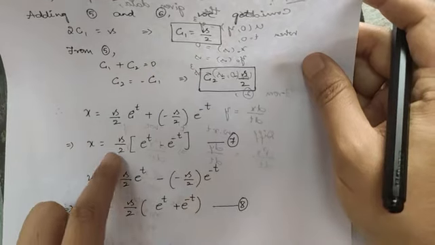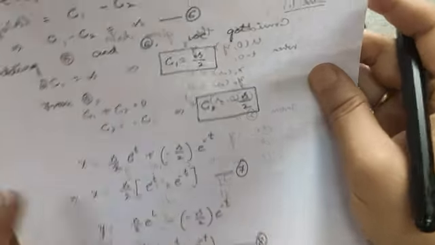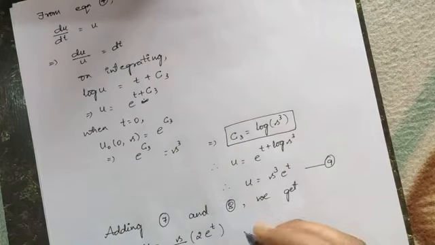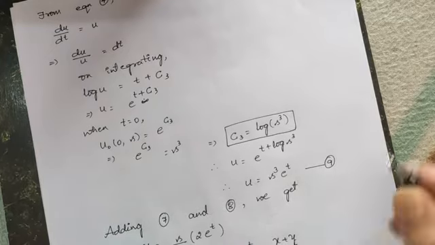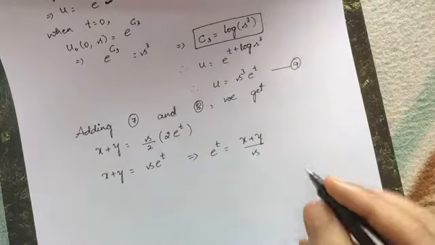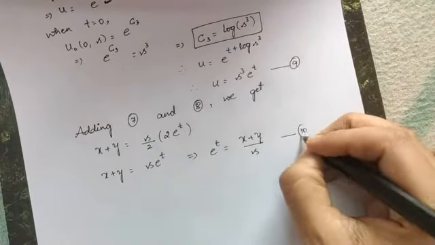So you will get 2 times s by 2 into e power t. 2 gets cancelled. You will get x plus y as s into e power t, right? So now this will become e power t is equal to x plus y divided by s. Okay, so call this as equation number 10.